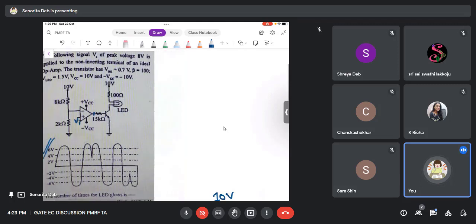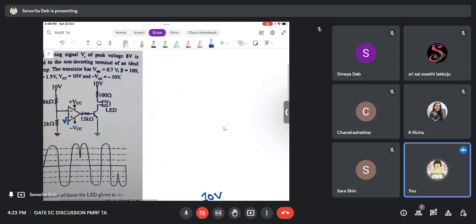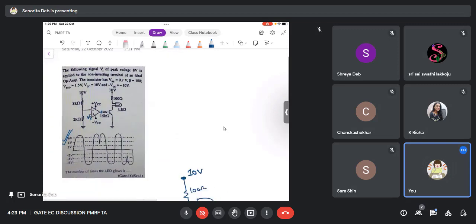So let me redraw this because it's not very clearly visible. So let me redraw it here.